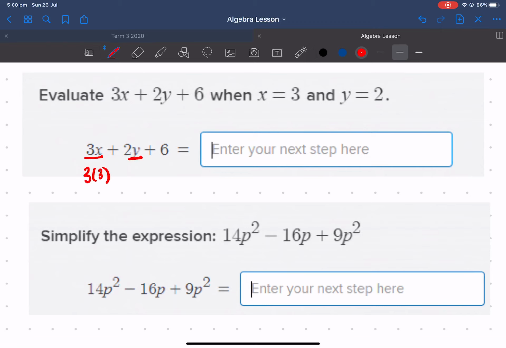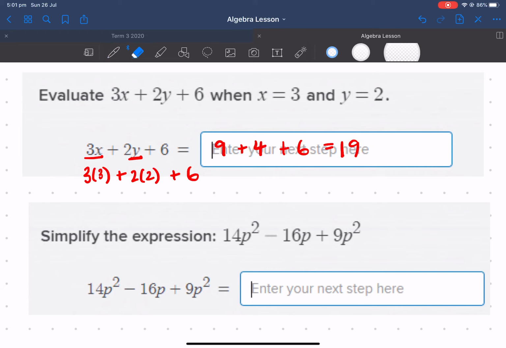Okay, same thing with the y, it's 2 lots of y or 2 times y, and now I know that y is 2, it's 2 times 2 plus 6. And now I can figure this out. I can go 3 times 3, that's 9. 2 times 2 is 4, and 6 is 6, and I get an answer of 19.